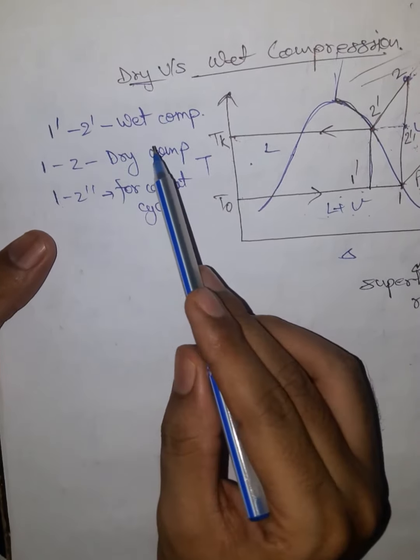Now we know that for compression, two types of compressors are there. Those are reciprocating compressors, and the other ones are centrifugal or screw compressors. Reciprocating compressors are intermittent flow machines.